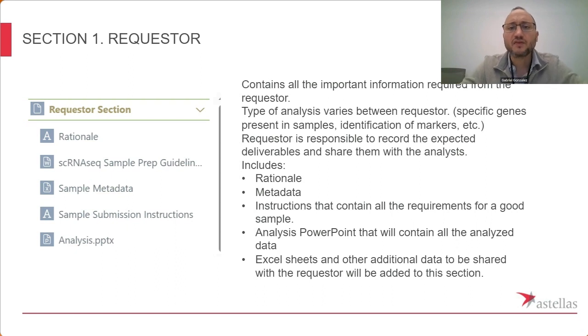In this section, the analyst who is performing the analysis of the sequencing will start populating this PowerPoint. This is going to be an iterative process. The initial version says, okay, this is what I think are the differentially expressed genes, or these are the targets that we have identified, and that will be populated in this PowerPoint. So the requester will review that PowerPoint, and they might have different questions. Okay, so what about this gene, or what about this?